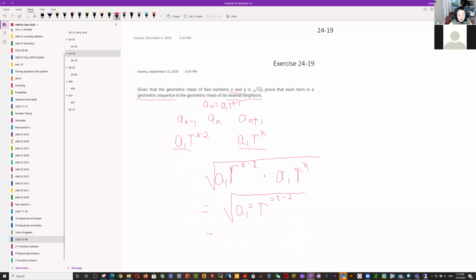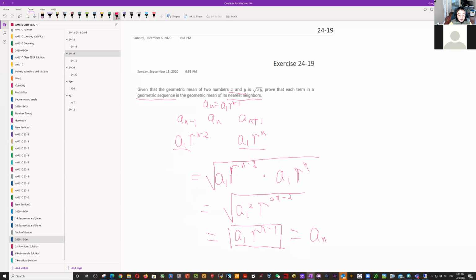We notice that the indices of those numbers are all even numbers. Basically, this is just a1 and r to the n minus 1, and this is exactly the formula of an itself, so it equals an.